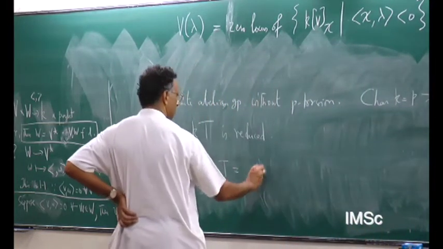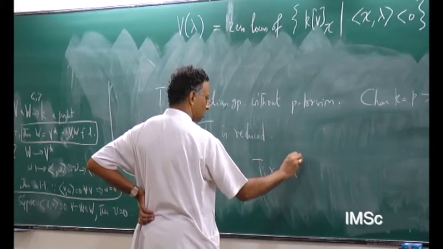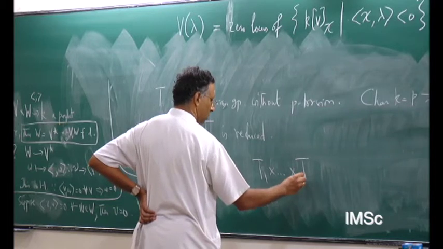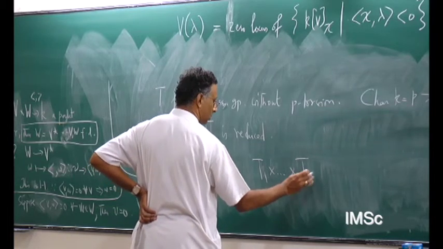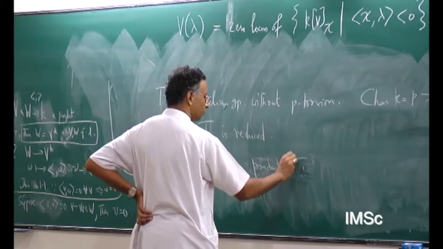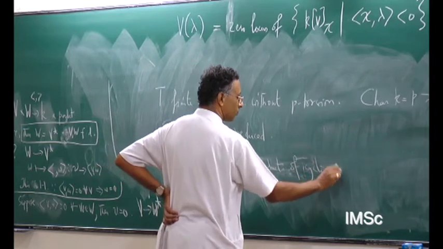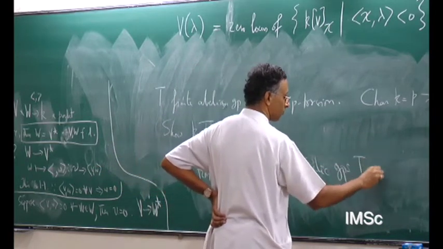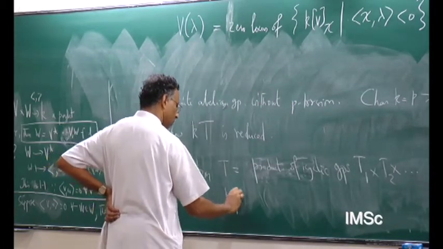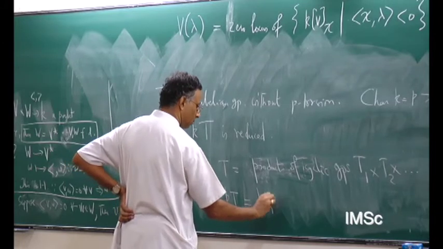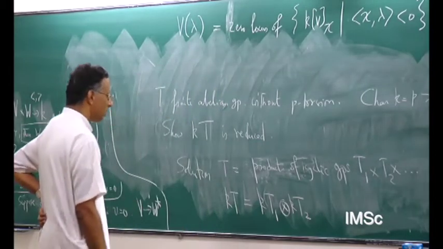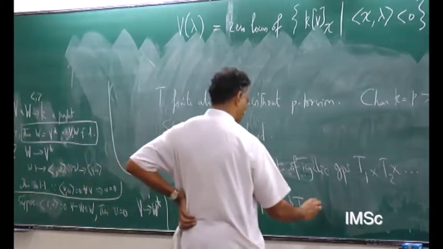So what is KT therefore? It is KT1 tensor KT2, etc. Right?